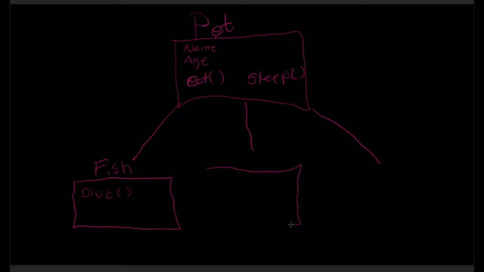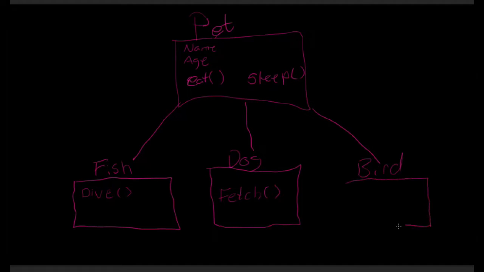Let's say a dog is our other one, and a dog can fetch. And then let's say our final one here is a bird. A thing a bird can do that a dog and a fish can't is fly. There are flying fish, but let's say fly.